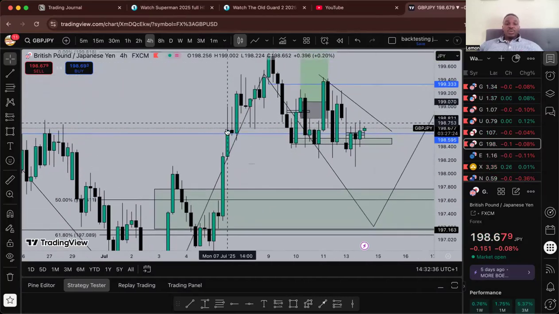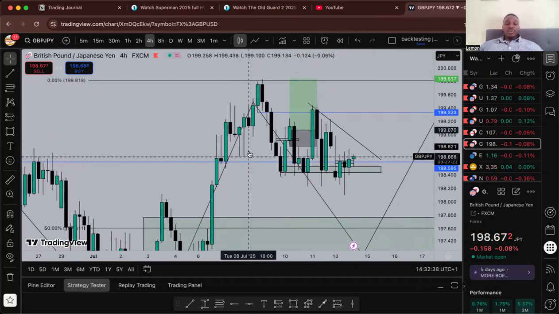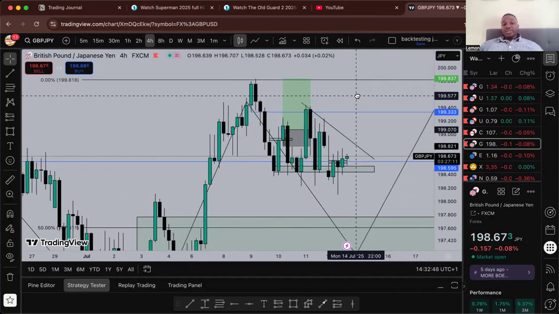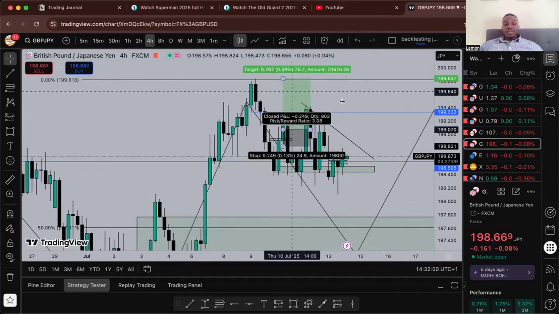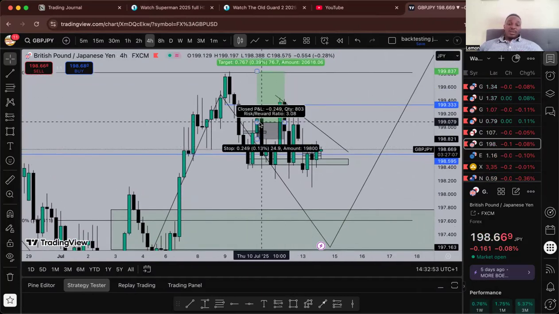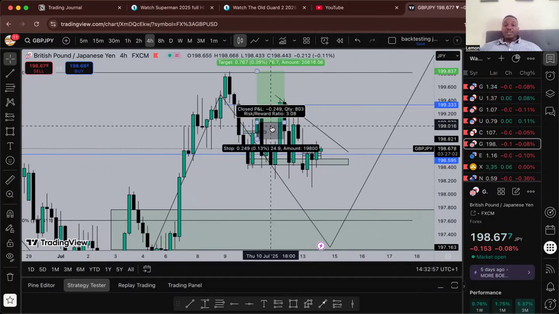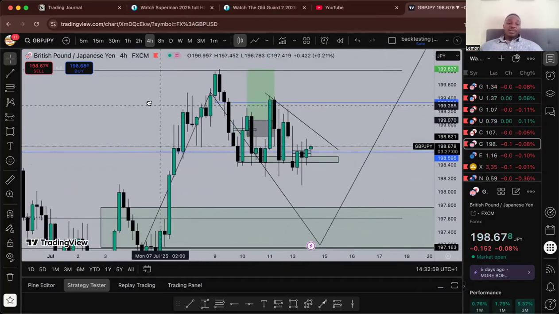You can see we got to the supply zone. After we got to the supply zone, it started reacting. After it started reacting, I saw a break of structure at this zone on our lower time frame because I wanted to catch this trade from here to this resistance. So I saw that bullish momentum at this zone and saw our chart pattern here to take the price higher.